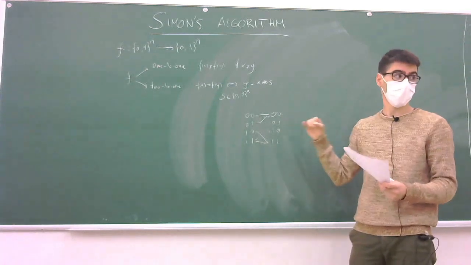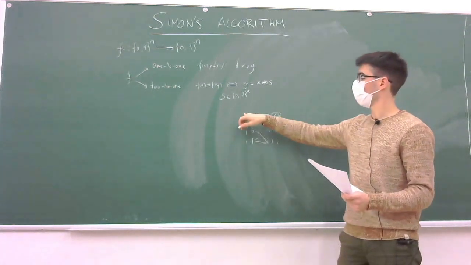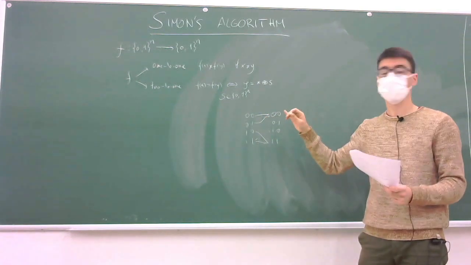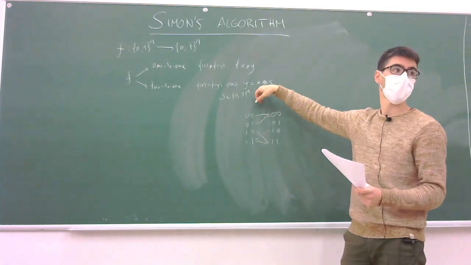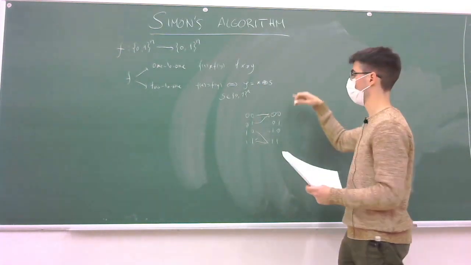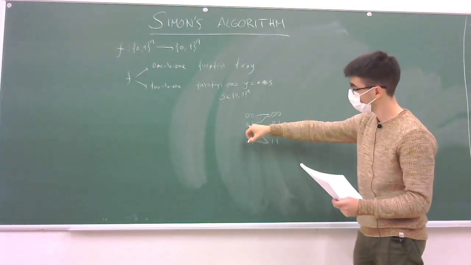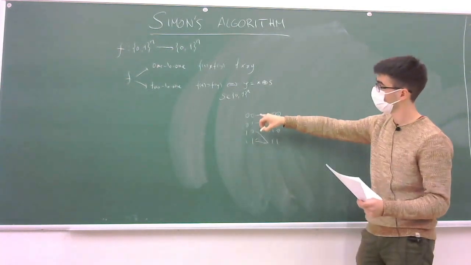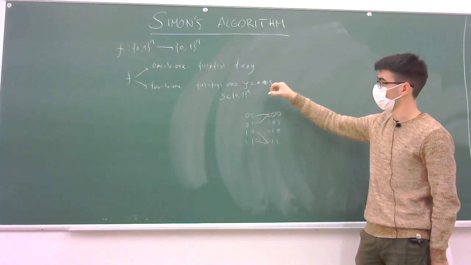And in this second scenario, the values that converge to the same value must be related with this equation. Okay, this is the bitwise addition, which is an XOR of each of the values. And in this case, this is the relation that both inputs must obey.